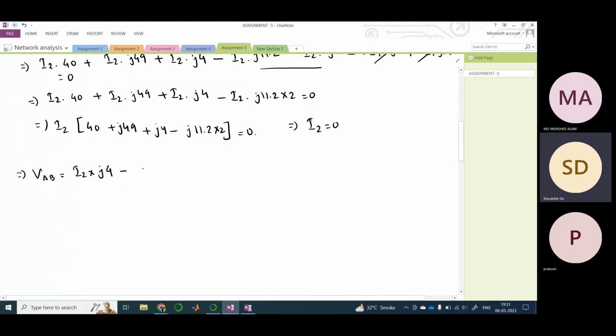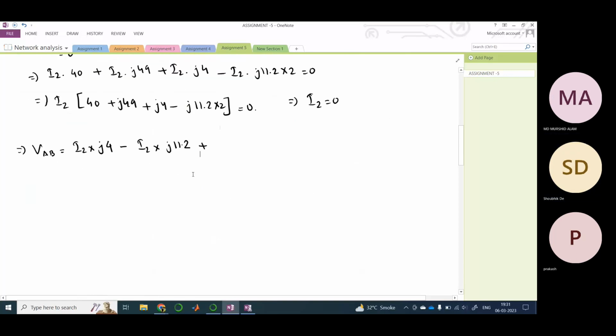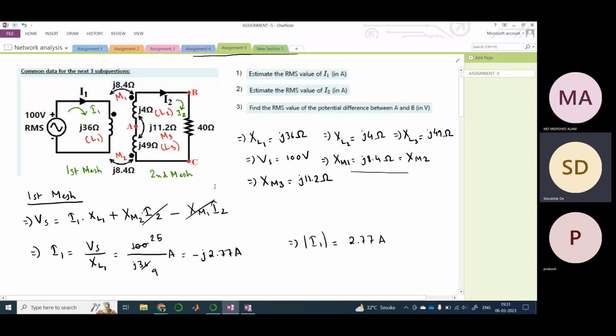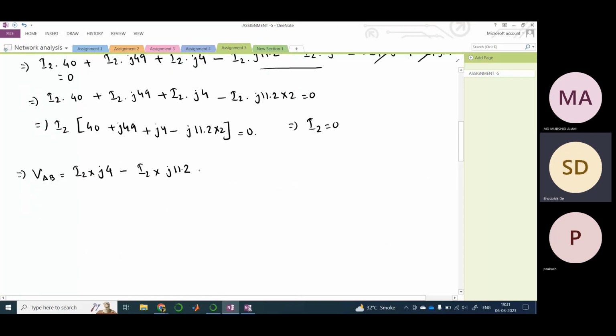So it is minus I2 into the mutual inductive reactance value, minus J11.2. With this inductor, the mutual inductance value is minus, we saw, right?